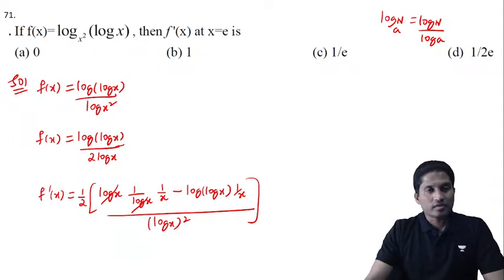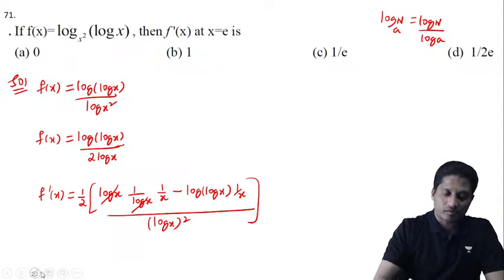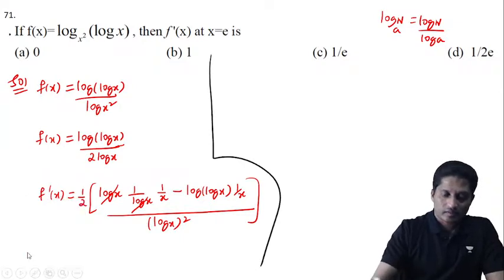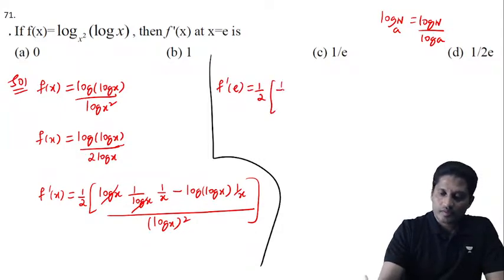Now I'm supposed to find out what is f dash of e. F dash of e is equal to, you get 1 upon 2. This is 1 by e minus log of log e into 1 by e divided by log e the whole square.